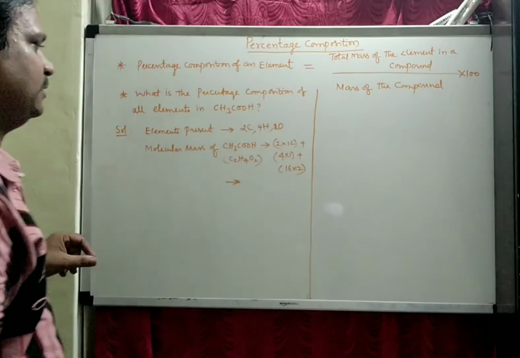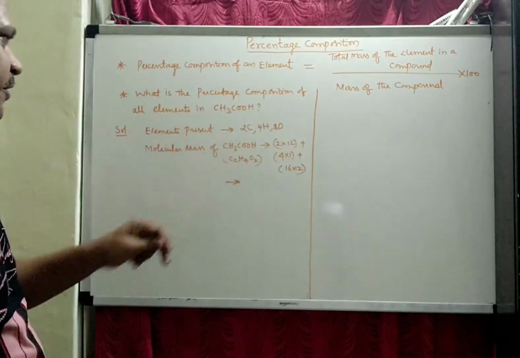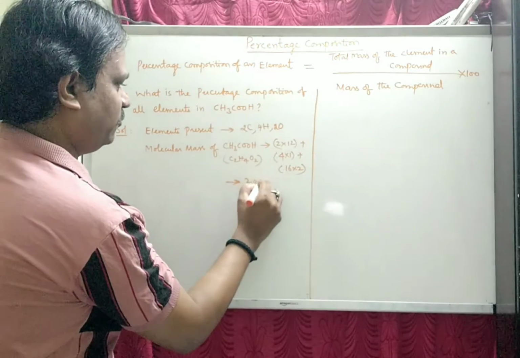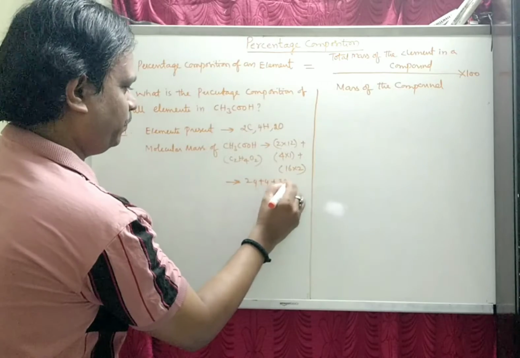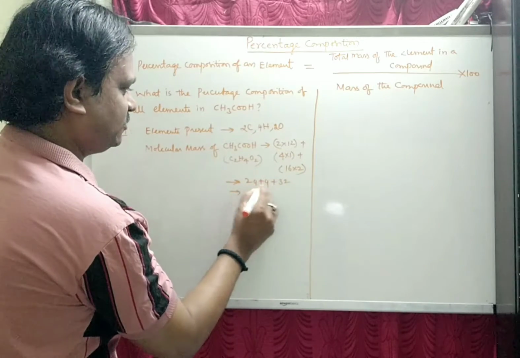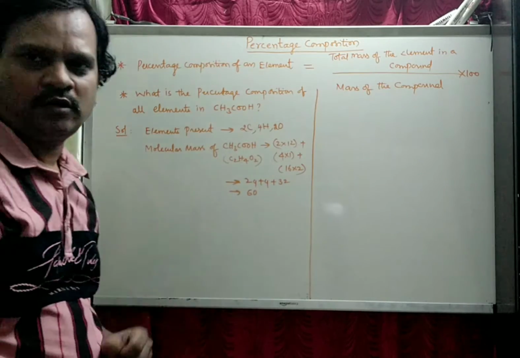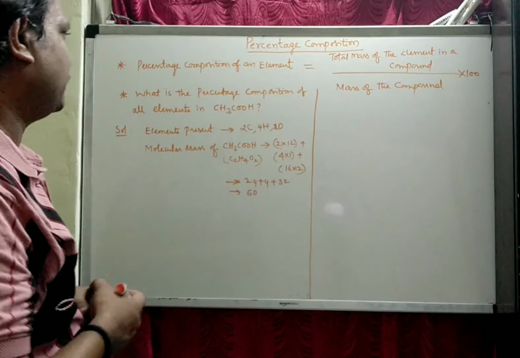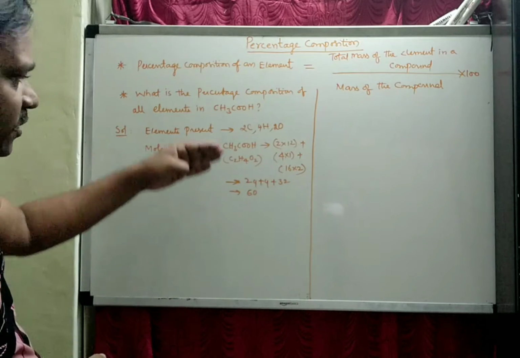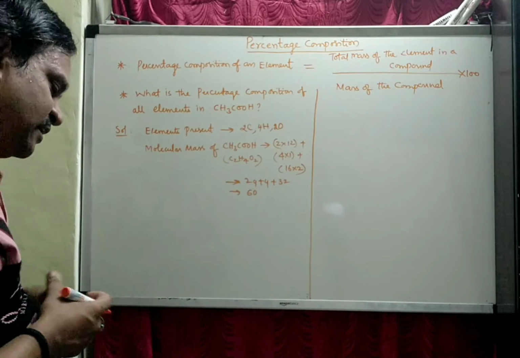So we get the molecular mass as 24 plus 4 plus 32, which is 60. 60 grams is the molecular mass of acetic acid. Now we are going to find the percentage composition of each element.